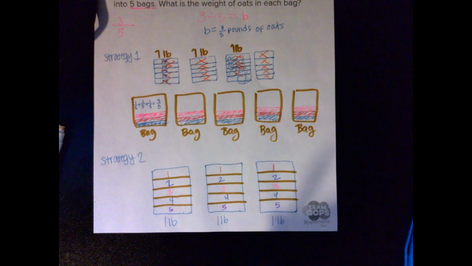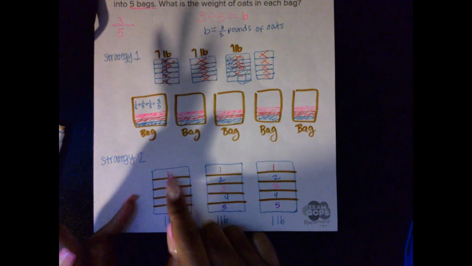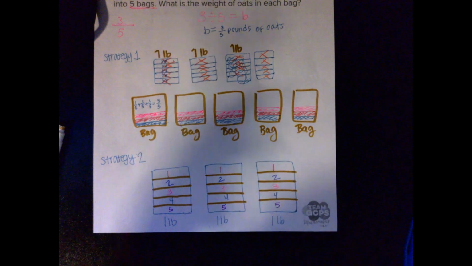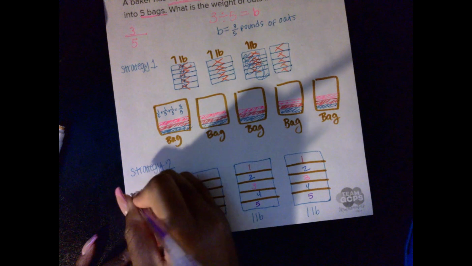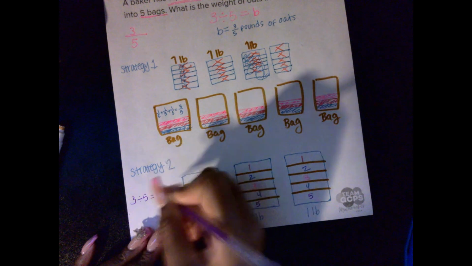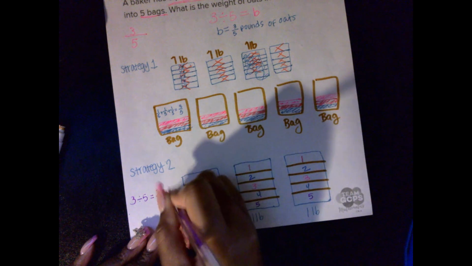So let's focus on bag 1, because if we figure out bag 1, we know all the rest of them because they should have an equal amount. So bag 1 has 1 fifth, 2 fifths, 3 fifths. So same thing. My 3 divided by my 5 equals 3/5 pounds of oats.